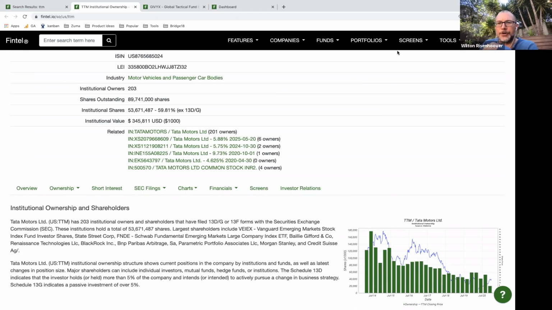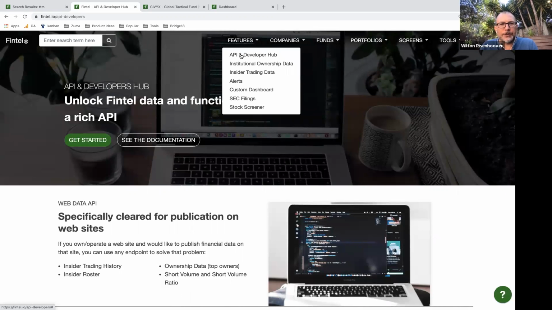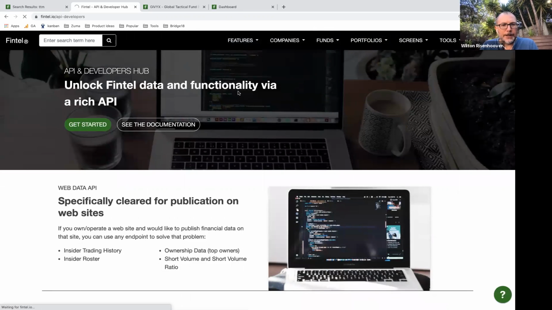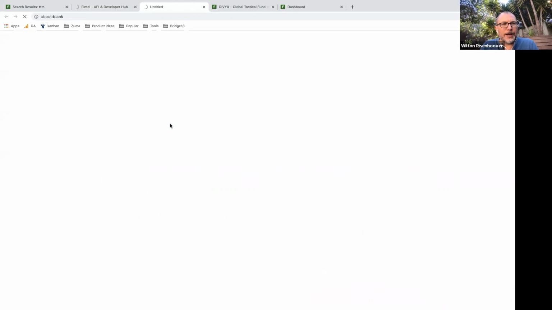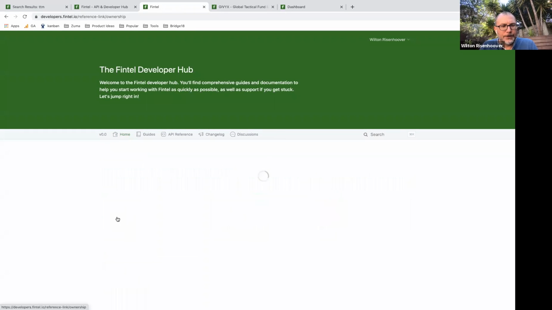The next question is, is there API support? We actually have a full API in Developer Hub right here. I went to the top, I went to features, I clicked on API in Developer Hub. I clicked see the documentation. So we have a full API with documentation here.